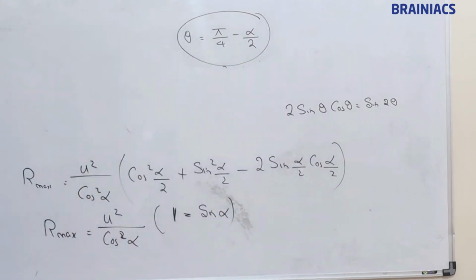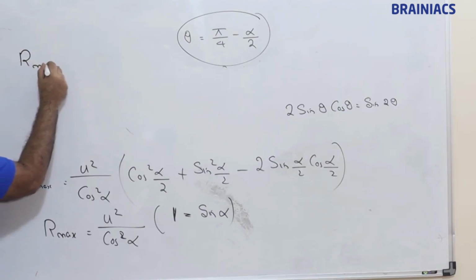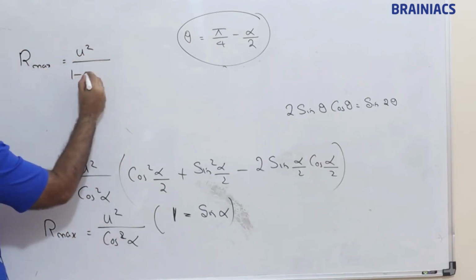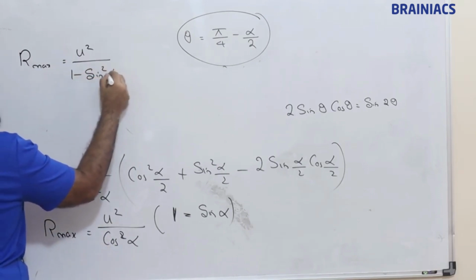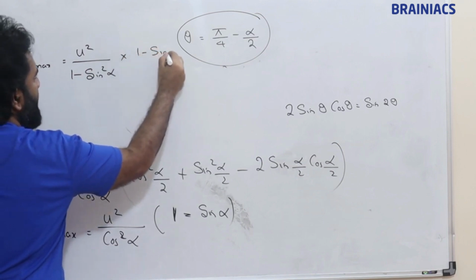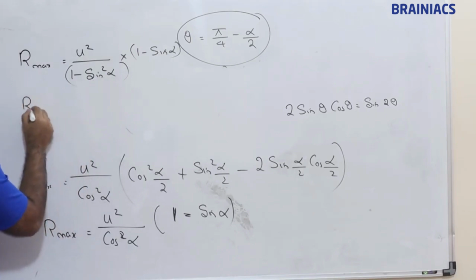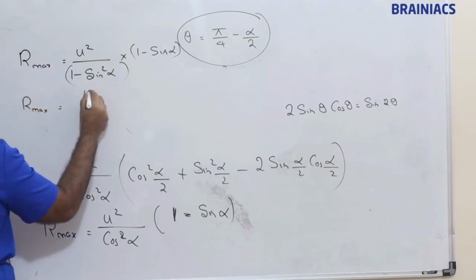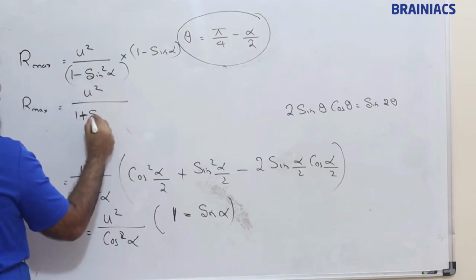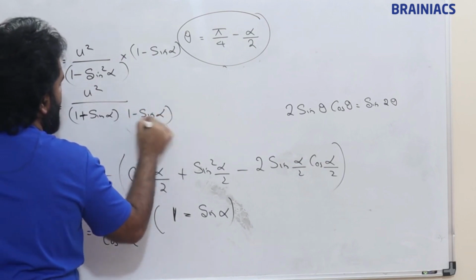Okay, done. So cos square alpha, this becomes R max is equal to u square by cos square alpha. I can write it like 1 minus sin square alpha, which is a square minus b square form, 1 plus sin alpha into 1 minus sin alpha.